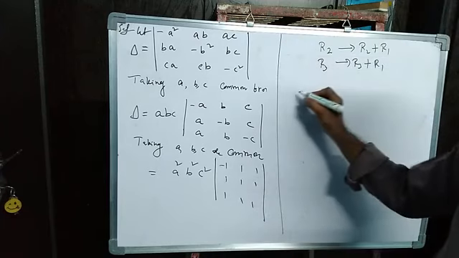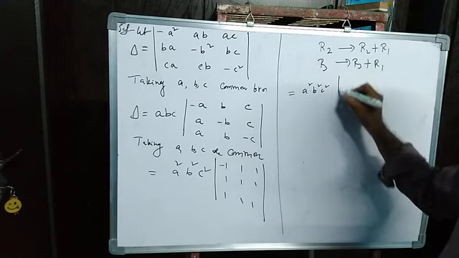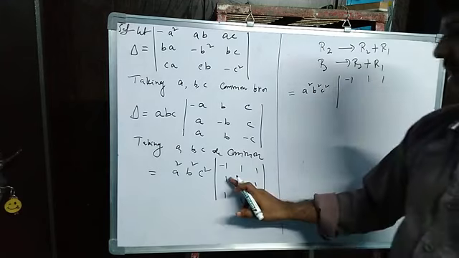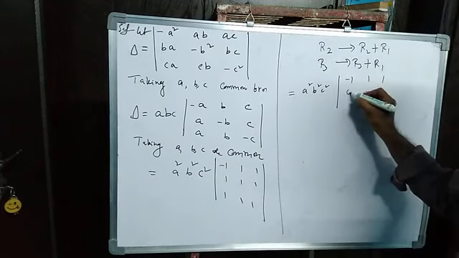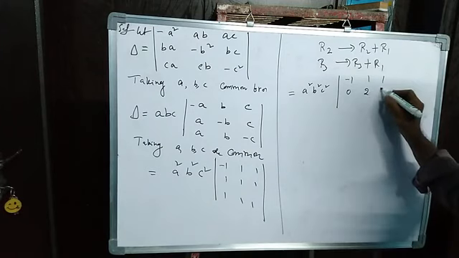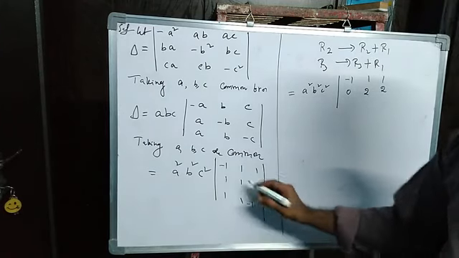Then what will you get here? A square, B square, C square. R1 we are not changing: minus 1, 1, 1. So 1 minus 1, 0, add them. 1 plus 1, 2. 1 plus 1, 2. Somewhere we missed a minus here. Minus is there. Here also minus, sorry.